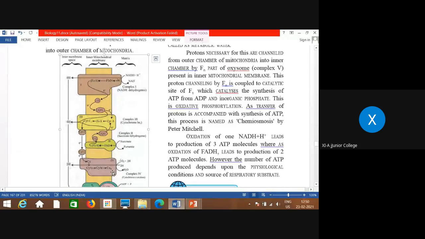So this is the last step, at the fourth step, when the electrons are accepted by oxygen, again some amount of energy is released at the end, and this is the third ATP produced when there is oxidation of NADH2.